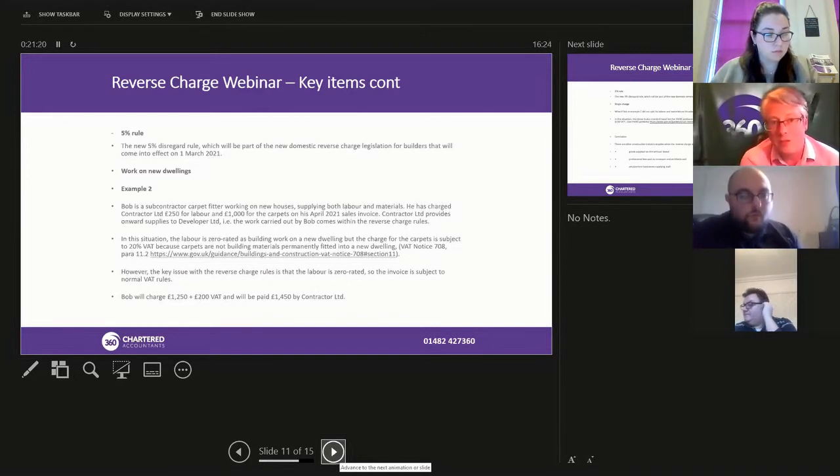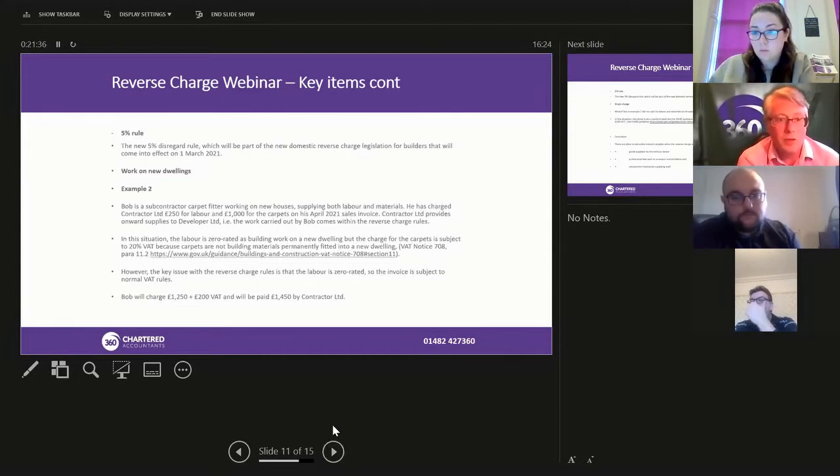Although the labour is 0 rated on the building work on a new dwelling, the charge for the carpet is subject to 20% because carpets are not within that. You would deal with it under the normal VAT rules because of the zero rate bit. So you would disregard the reverse charge and just use the normal VAT rules.